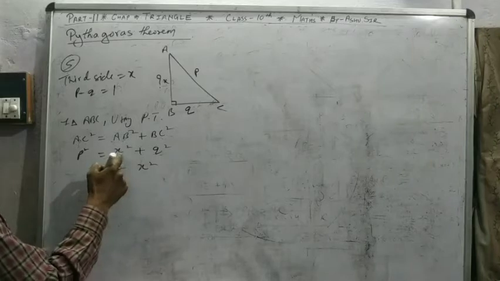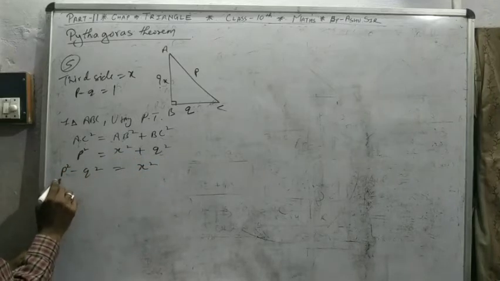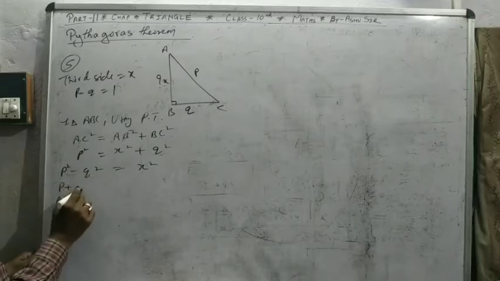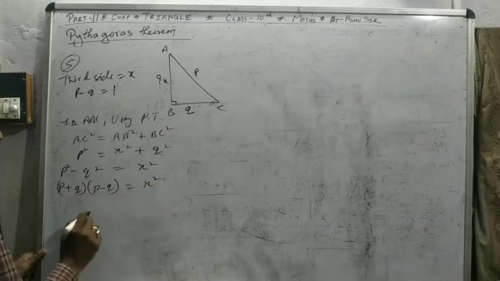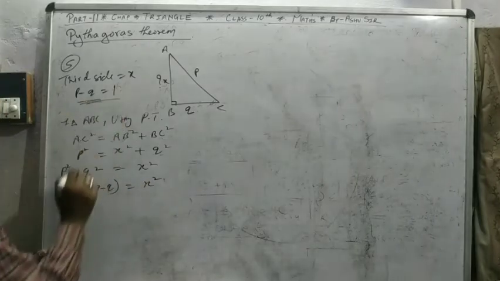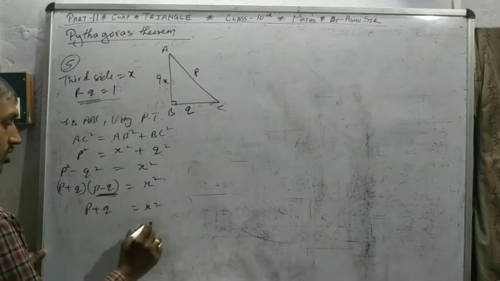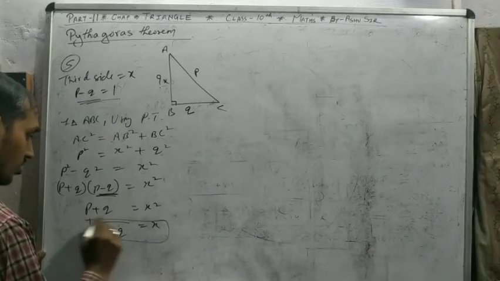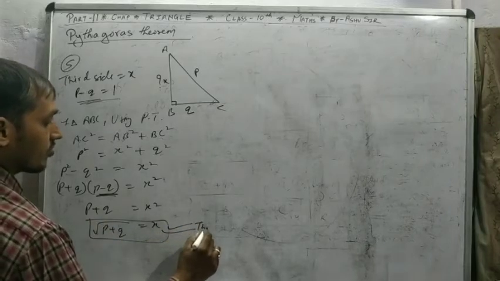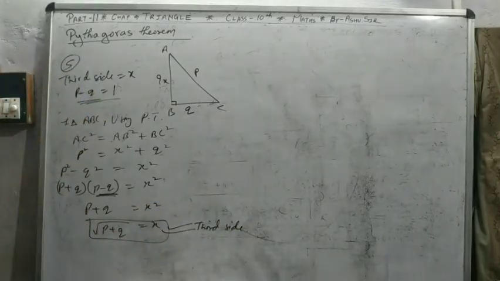We want to find X square, so send Q square to the opposite side. That is P square minus Q square, which is P plus Q times P minus Q, equal to X square. And P minus Q is equal to 1. So P plus Q is equal to X square. So X is equal to the square root of P plus Q. This is the length of the third side. This kind of MCQ question comes in the board examination.